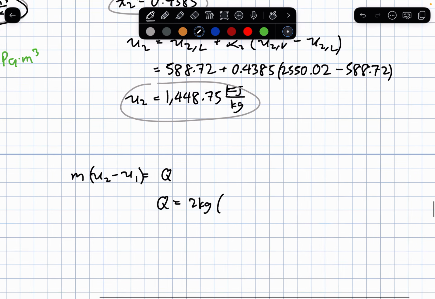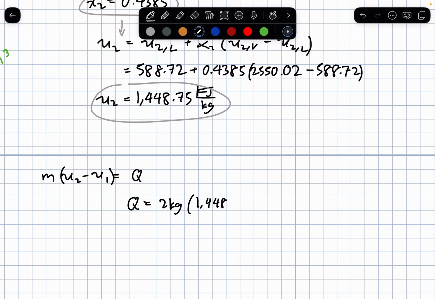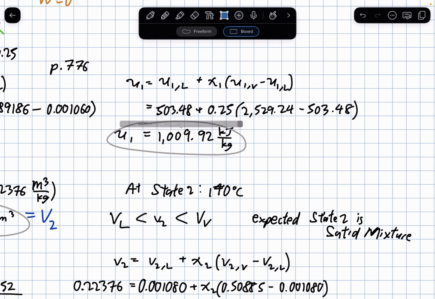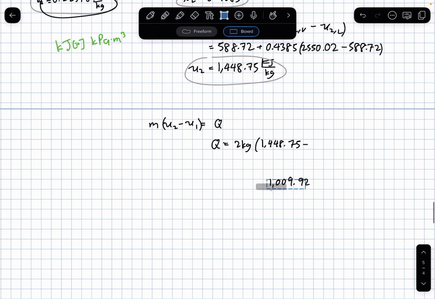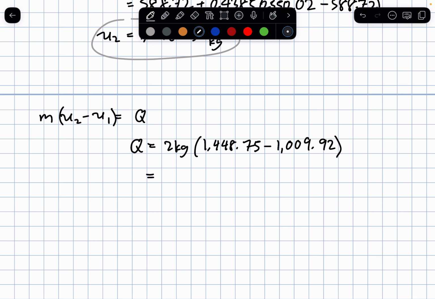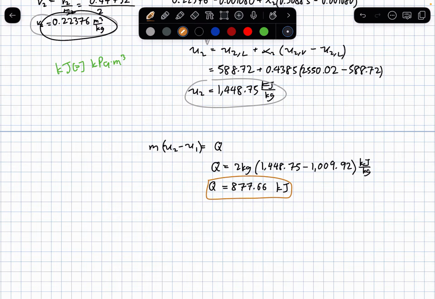Okay, U sub 2, 1448.75 minus U sub 1, this one. Calculate. 877.66. The unit here is kilojoules per kilogram. So cancel kilogram, we have kilojoules as the unit. That is the unit for total heat transfer.